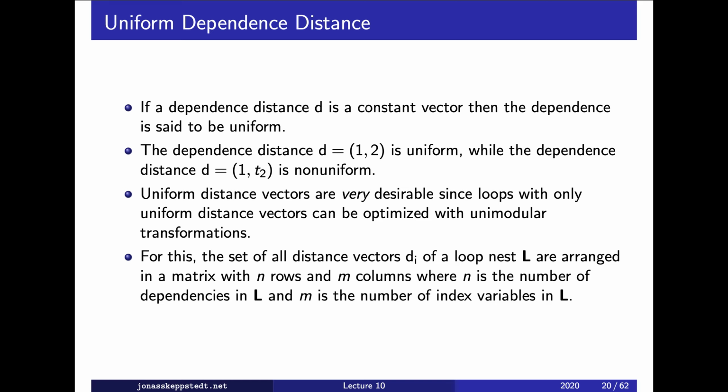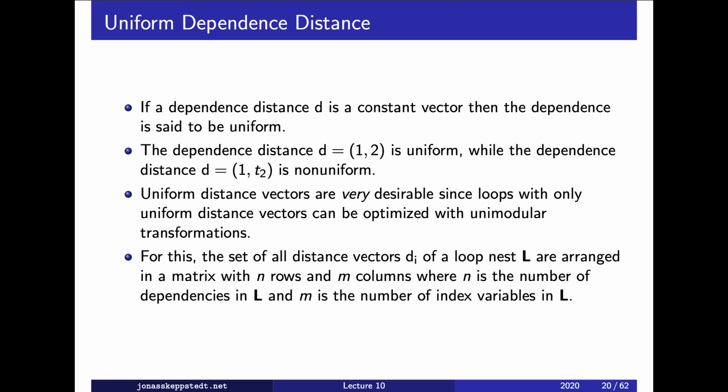And for that to work, we need to have uniform dependence distances. So if we conclude that there is a dependence distance with one unknown, then we cannot apply these techniques. We should also say, ideally, there are no dependencies, and then we can just run what we want in parallel, but usually there are dependencies.